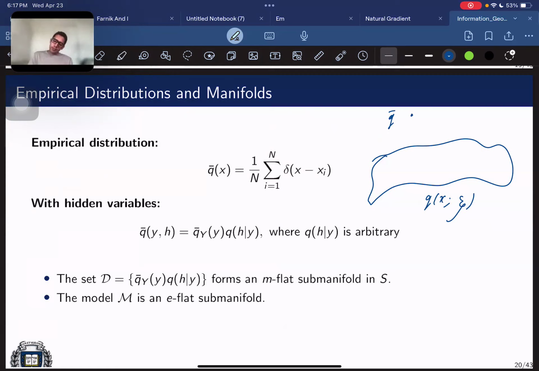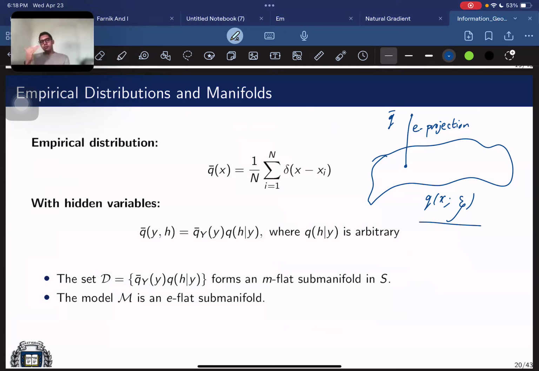Then we found via E projection, or minimizing the KL divergence, the least information loss when you want to represent Q bar with a member of this manifold.